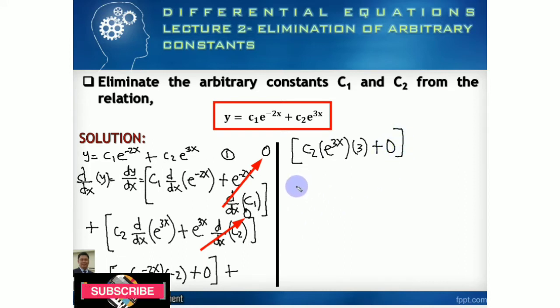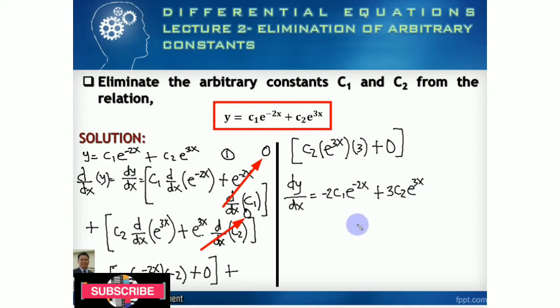So proceeding, we have now this dy over dx is equal now to this one. If we are going to simplify, this one is negative 2c1 times e raised to the negative 2x. So negative 2c1 times e raised to the power of negative 2x, and then this is just equal to 0 plus this one plus this term, which is 3c2 times e raised to the power of 3x.